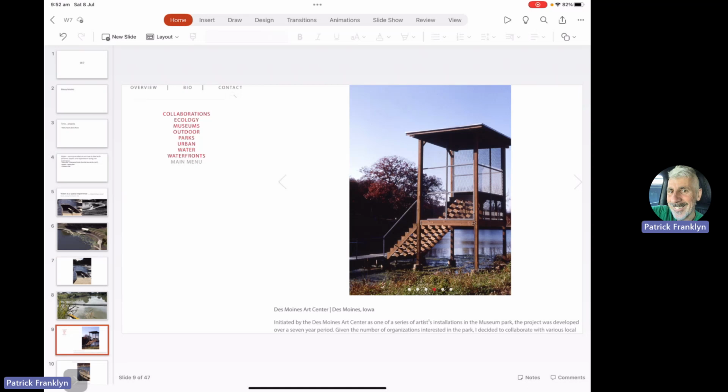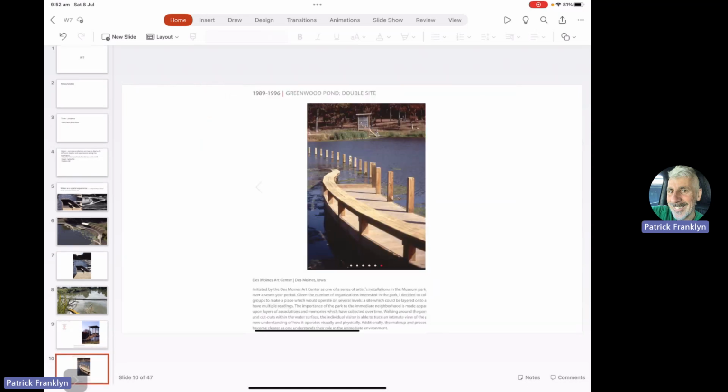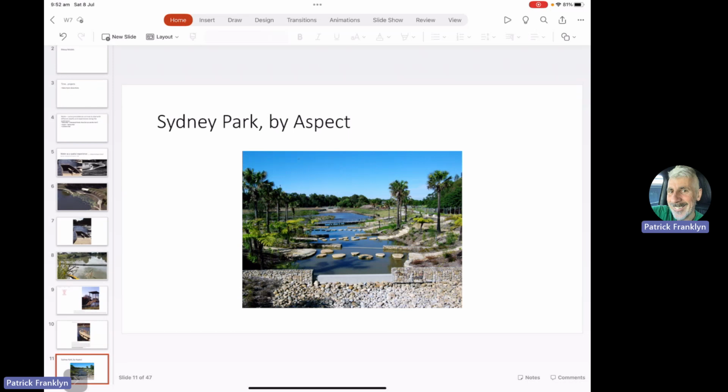And I want to refer us back to what Astrid talked about as sort of proportions of these kind of gathering spaces. You know, a small space. Here again, the same project, Greenwood Pond, double site, how you go into the water. Now here we have Aspect approaching this idea in a more probably garden-esque sort of sandstone way, in the stepping stones kind of way.